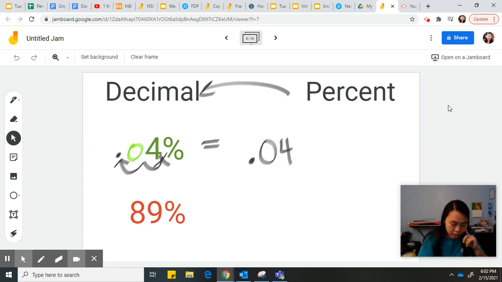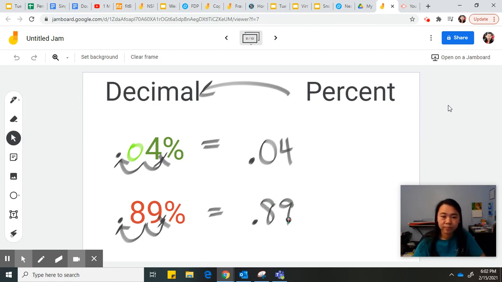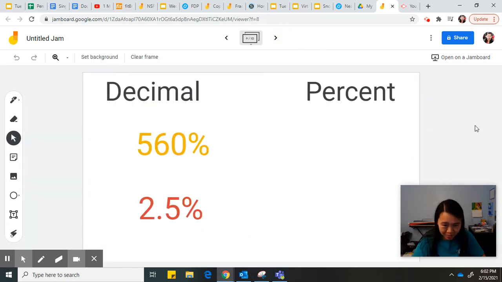Okay, now we have a whole percentage, 89. Where's my decimal place? Right here after our whole number. And I'm moving to the left 2 times, always 2 times. 1, 2. So here's my new decimal place. So 89% is 0.89. 4 more examples.